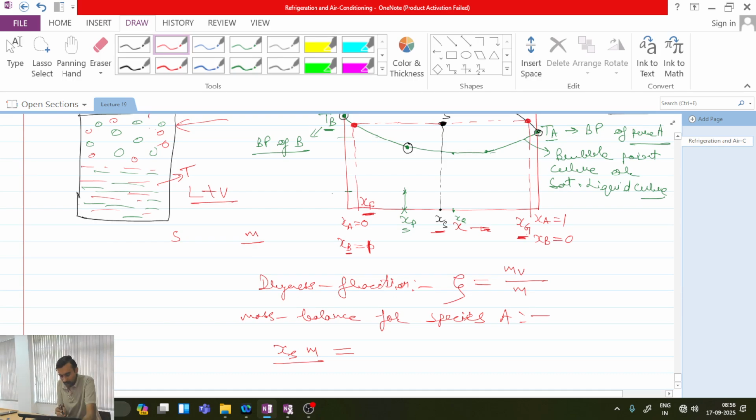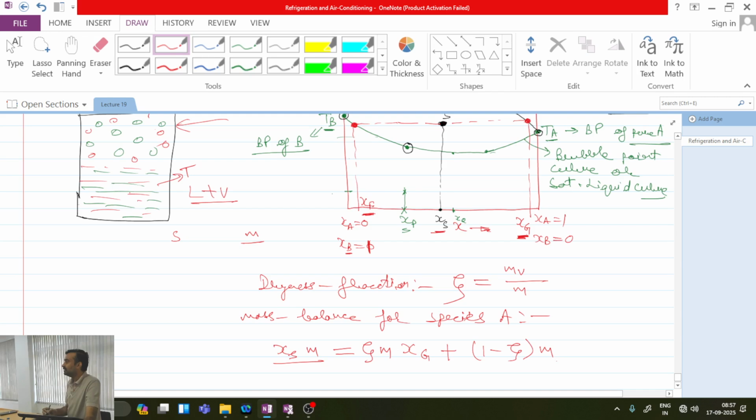So how much is the total vapor mass? Zeta into M is the total vapor mass, and this vapor mass has what composition of species A? Xg, multiplied by Xg, plus how much is the liquid mass? 1 minus zeta into M.